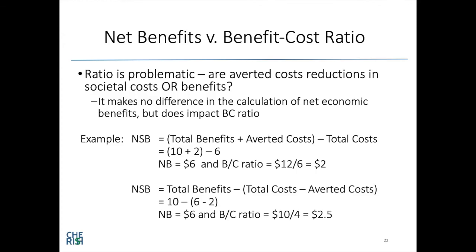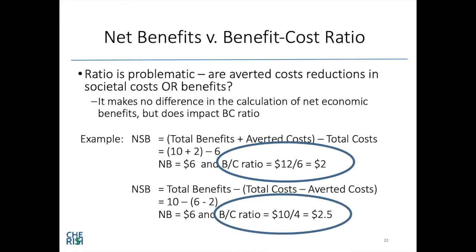Why is the ratio problematic? Well, it stems from what elements are included as costs and what elements are included as economic benefits. For instance, if the economic benefits generated by the intervention include, say, the benefits of improved productivity, and also the averted costs from fewer residential treatment episodes, the benefit-cost ratio will be different than the calculation where the intervention costs factor in averted costs.